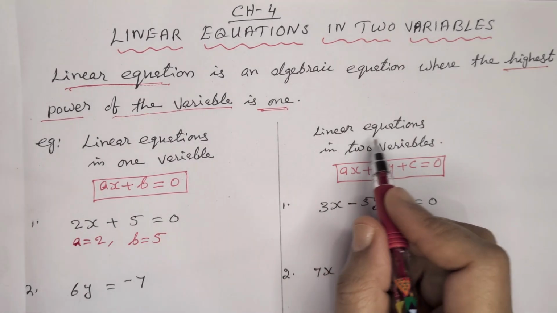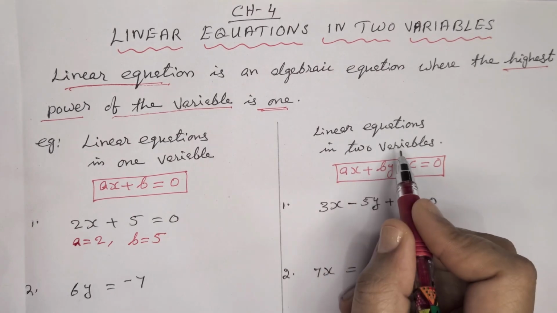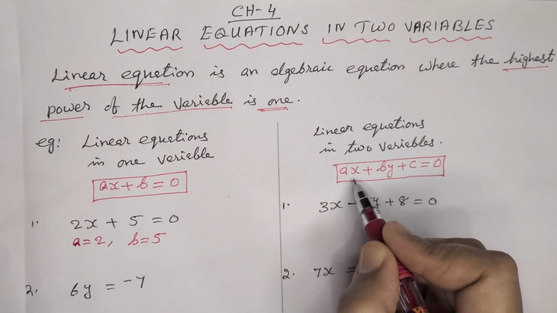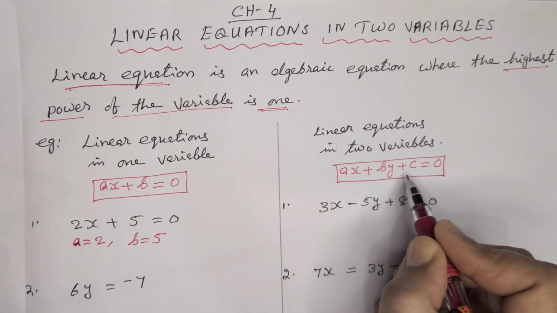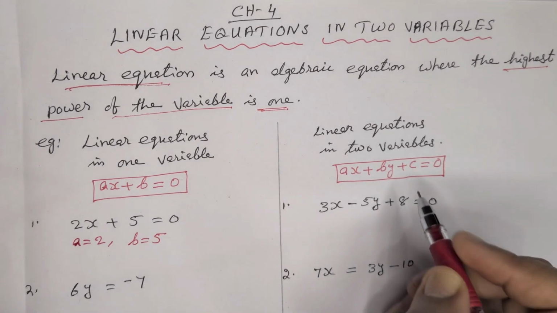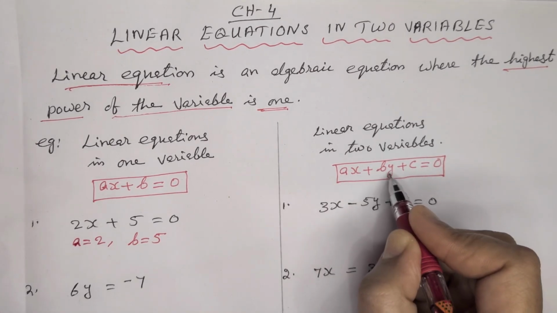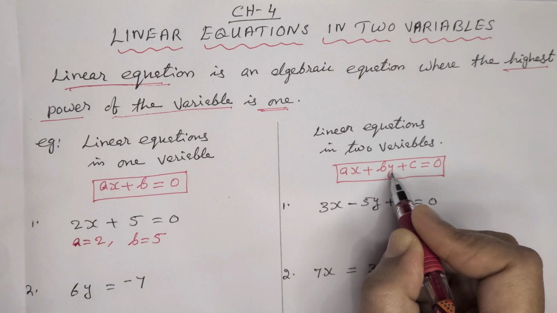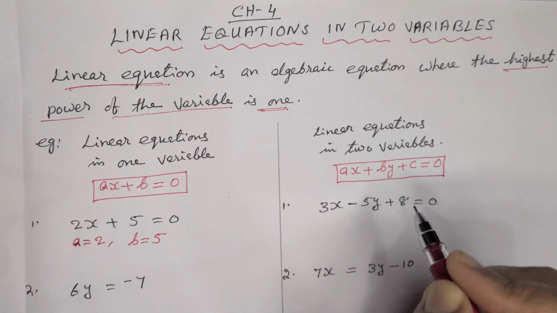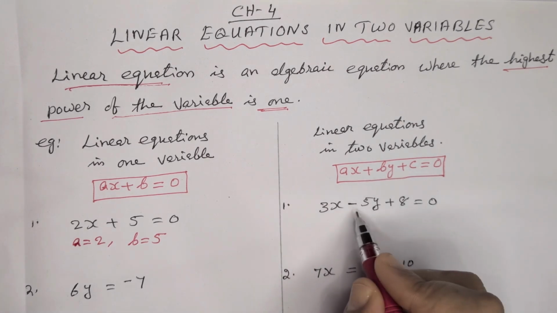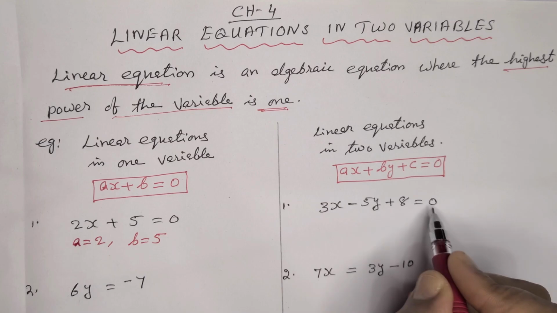Now linear equations in two variables. The standard form is ax plus by plus c is equal to 0. a is the coefficient of x, b is the coefficient of y and c is the constant. Example: 3x minus 5y plus 8 is equal to 0.